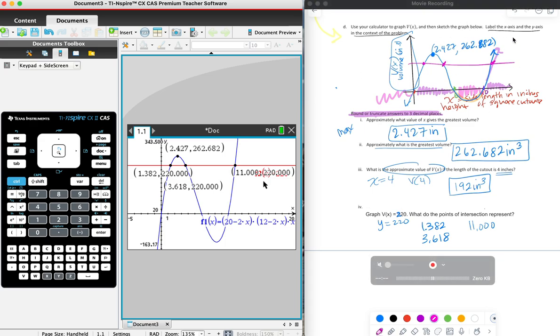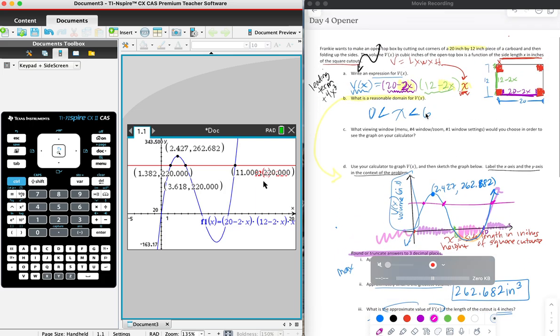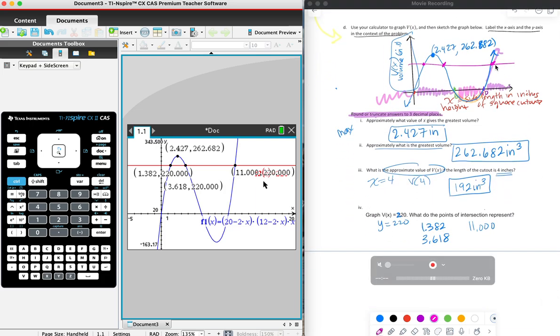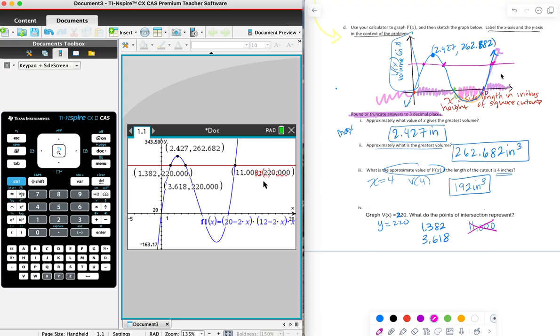I'm back over here on this graph. But what do they mean? Well, if you go back and look at our domain restriction, it's from 0 to 6. So does this 11 make any sense? Hopefully you're like, no, this doesn't make any sense because this is the amount of inches you would remove to get a volume equal to 220 inches cubed.